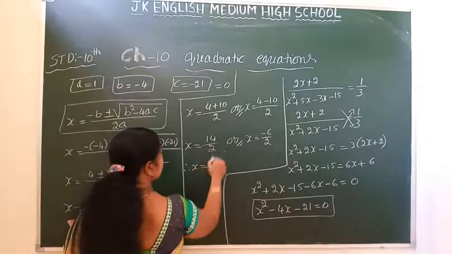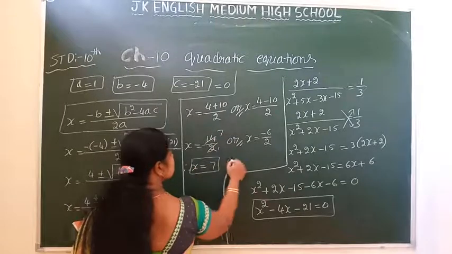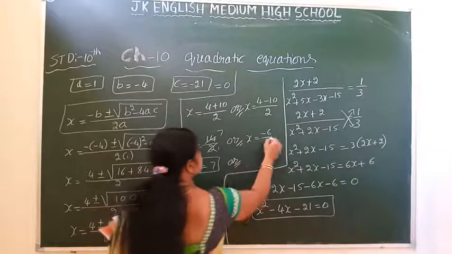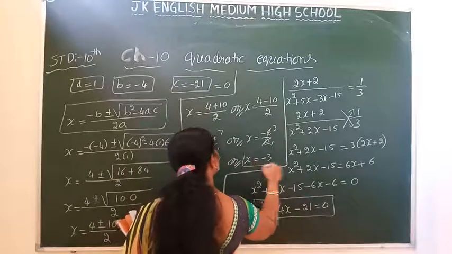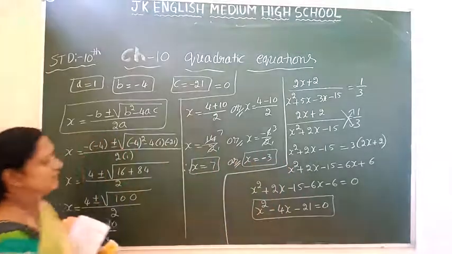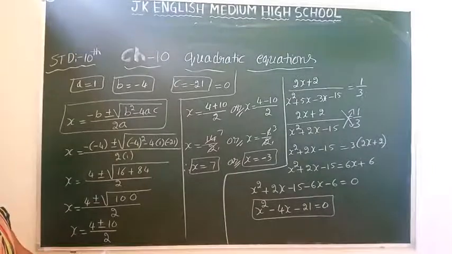Therefore the roots are, 2 sevens are 14, x value is 7 or x value is minus 3. The values of x are 7 or minus 3, the roots of this quadratic equation, which they told us to find.